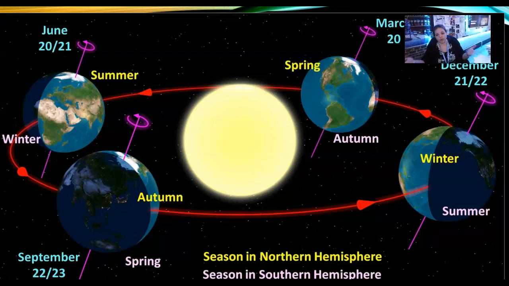It takes 1 full year for a resolution, kind of like a revolution. Not the ones where you go to fight wars and stuff like that. This is a revolution. It revolves around the sun. And as it's revolving around the sun, that red line, it is rotating at the same time. So we have different places we are in front of the sun.